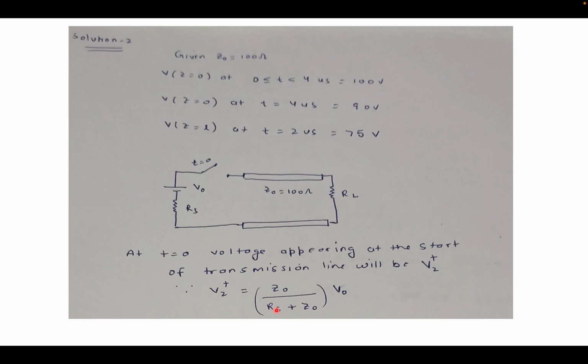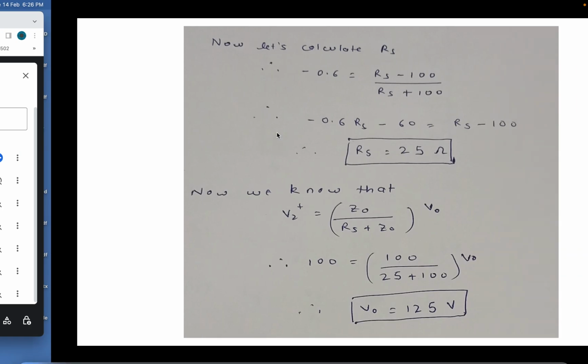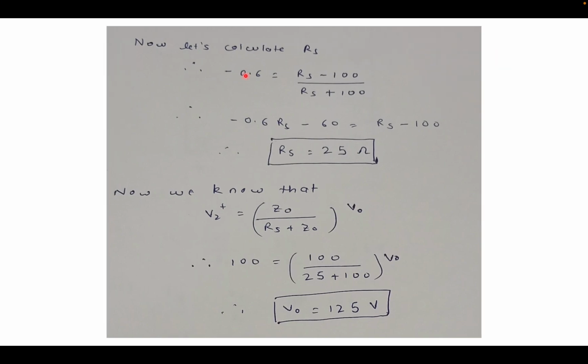Because if you have the value of tau s, which is minus 0.6, you can write it as Rs minus 100 upon Rs plus 100, where 100 is the Z naught, and from here you can calculate Rs is equal to 25 ohm. As one of you have answered, they also got Rs is equal to 25 ohm.